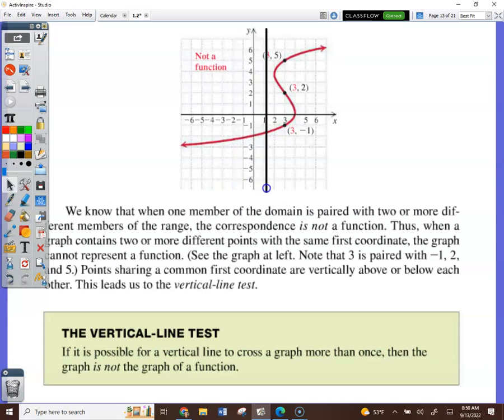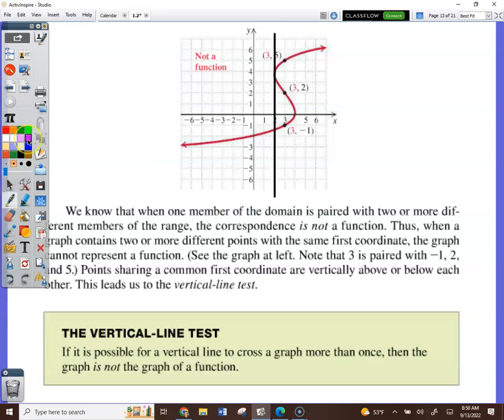I'm good. But right there is where I experienced the first issue. And then from here all the way to here, I have issues, because it's crossing the graph in multiple spots.